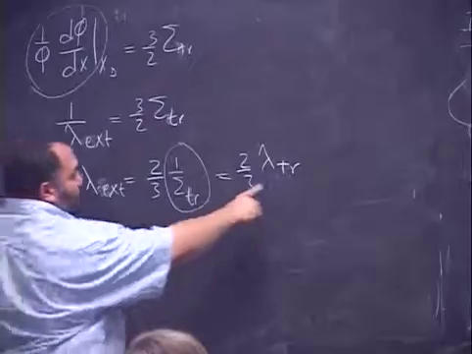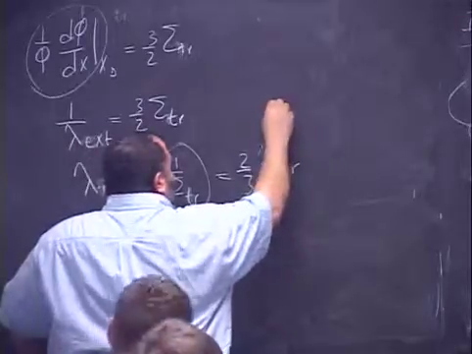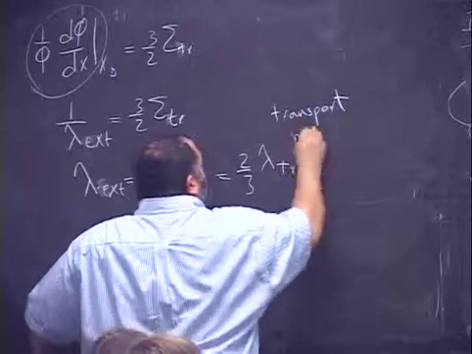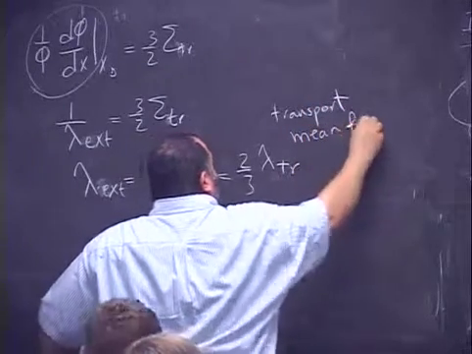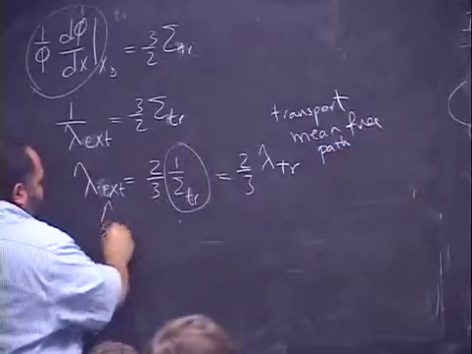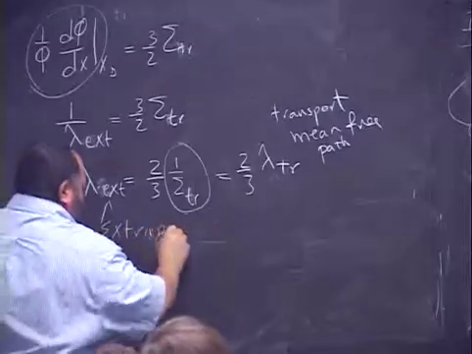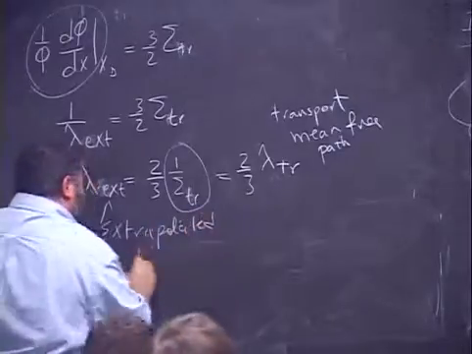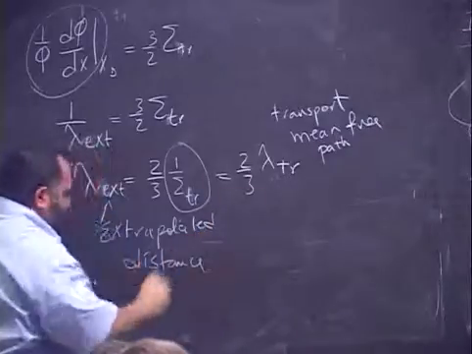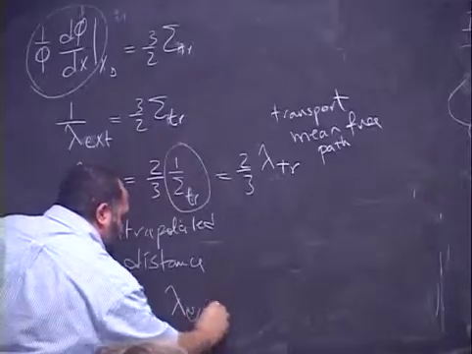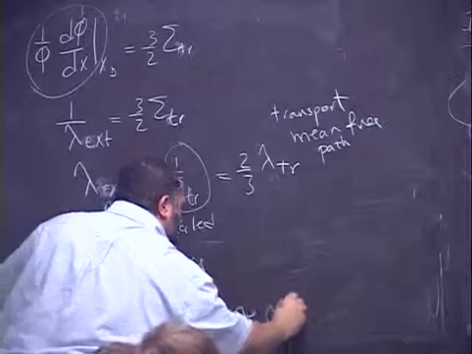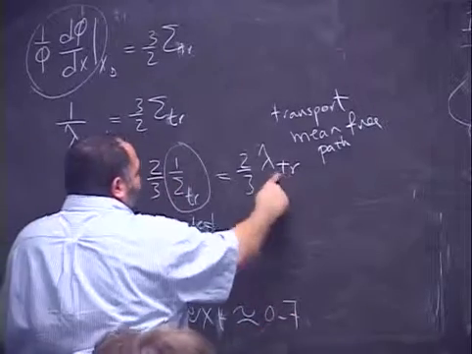So this is 2/3 lambda transport, the transport mean free path, and this is the extrapolated distance. 2/3 is roughly 0.7.